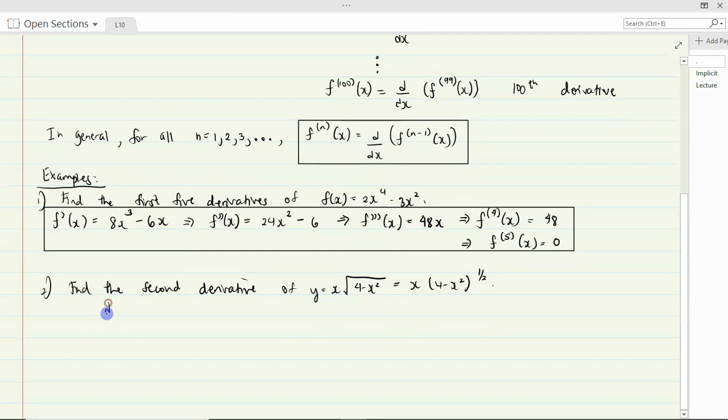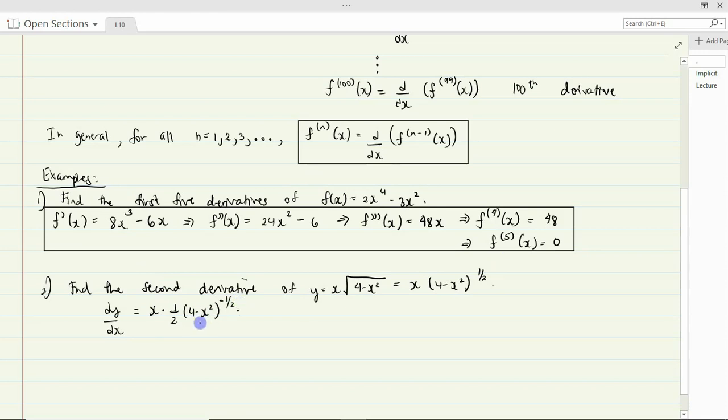Ano ngayon si first derivative? What is dy dx? This is a product, so we use product rule. Copy nyo si x. Times differentiate itong pangalawang factor, that is 1/2. 4 minus x squared raised to 1/2 minus 1, so you have negative 1/2.